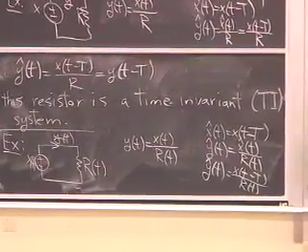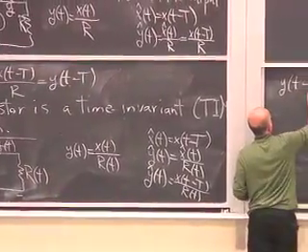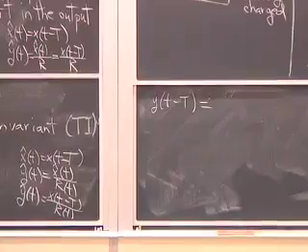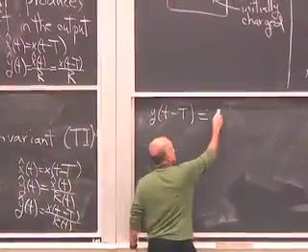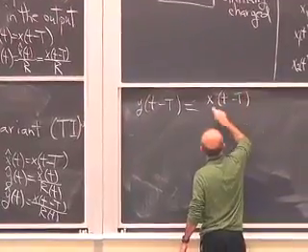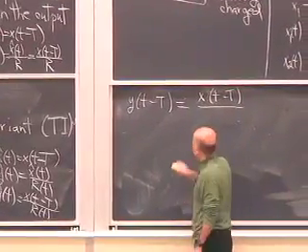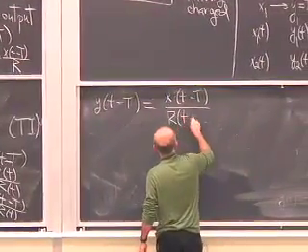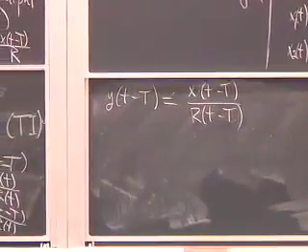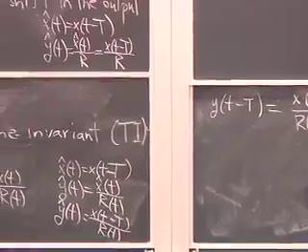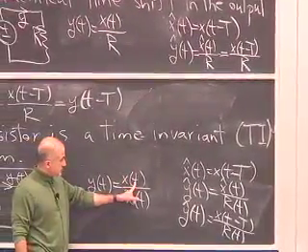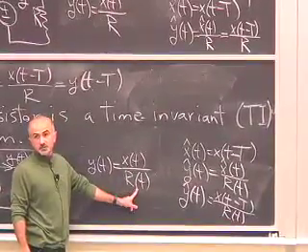What's y of t minus capital T? X of t minus capital T divided by R of t minus capital T. So when you want to look at the shifted original output, every place you see a t, you have to replace it with a t minus capital T now. So you've got to do it in the numerator and you've got to do it in the denominator.